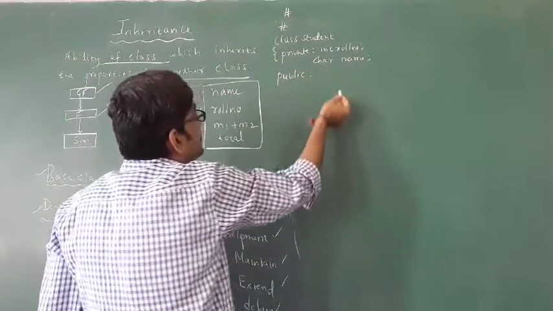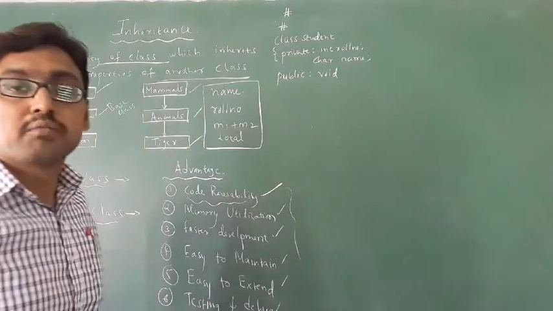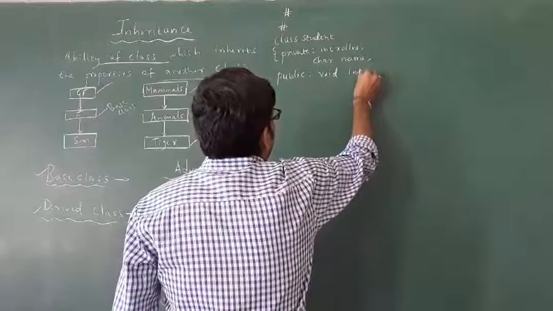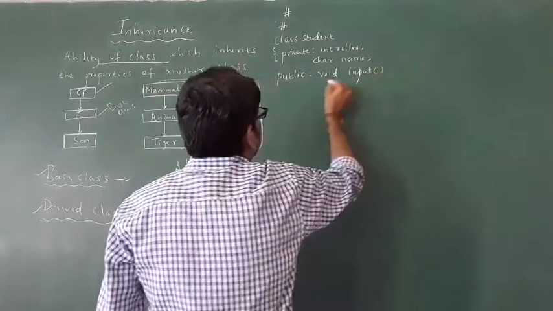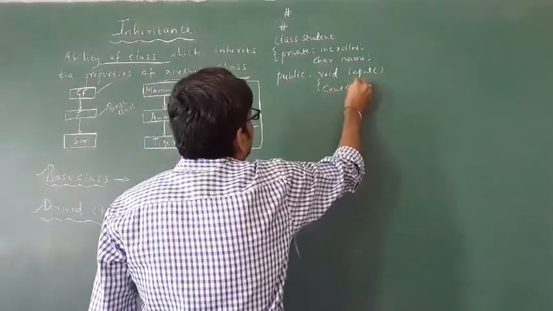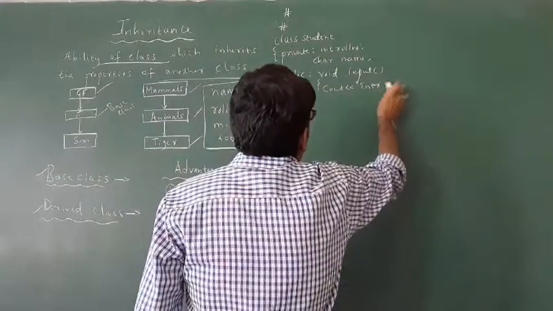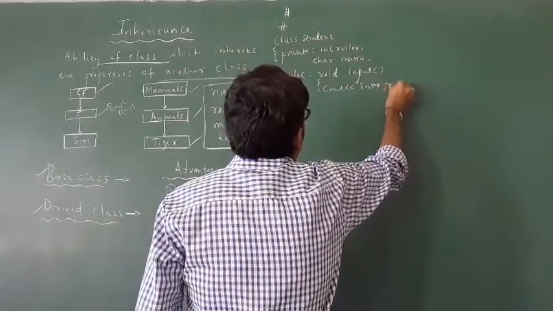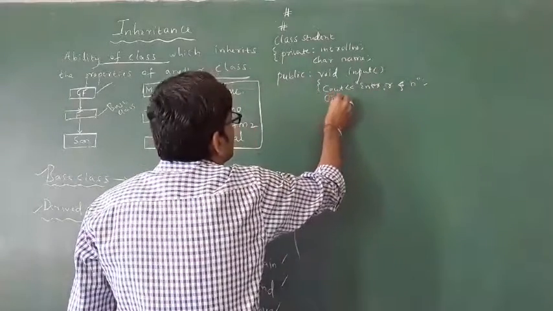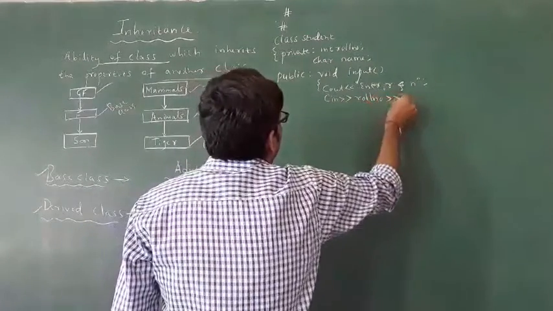In the public section I am writing the member functions, void input. What is the input you have? cout, enter roll number and name. cin roll number, name.